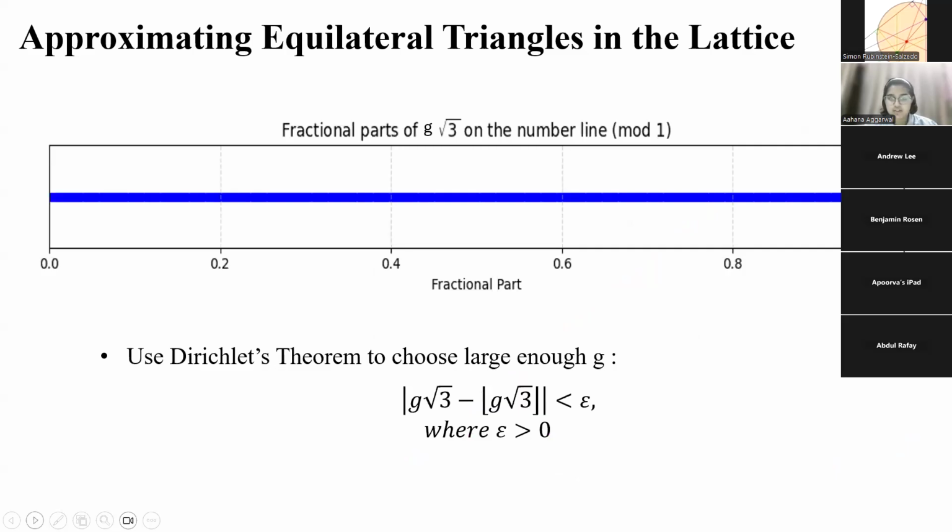This graph just shows that there always exists a value for g root 3 such that it is always existent no matter how high or how low the value is.